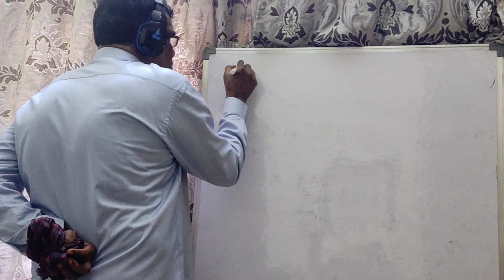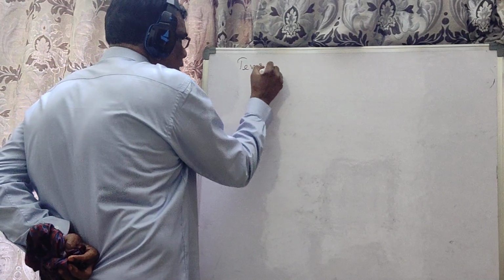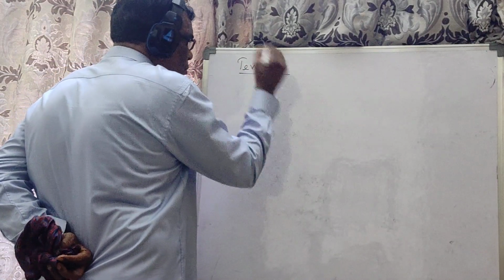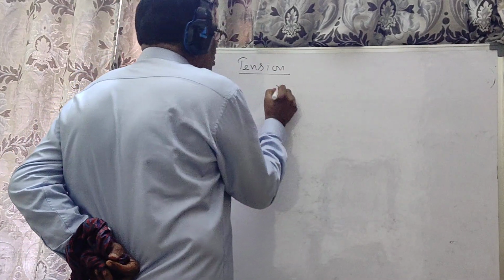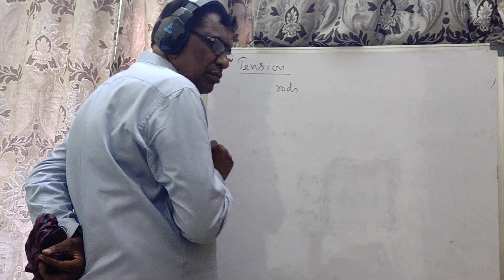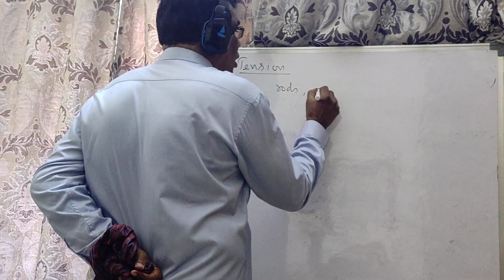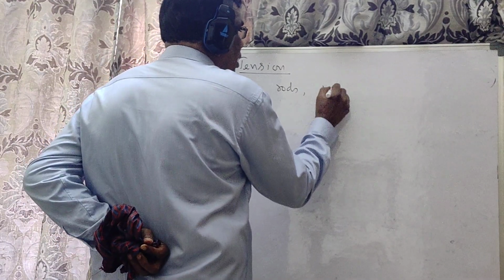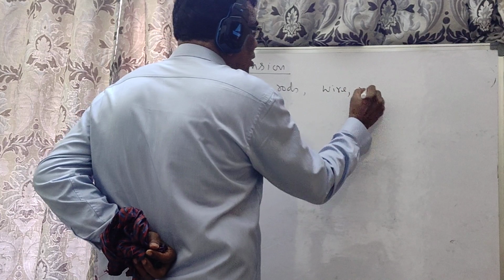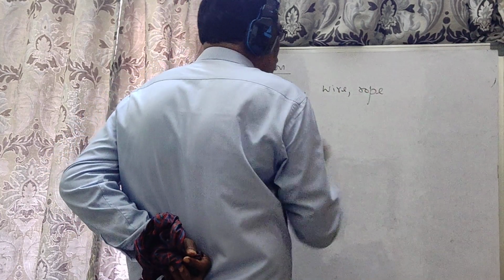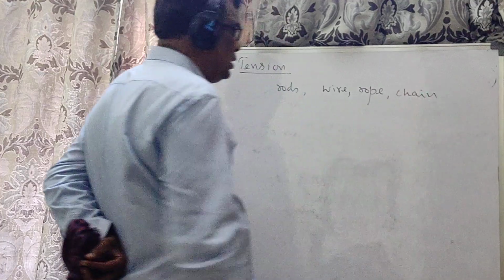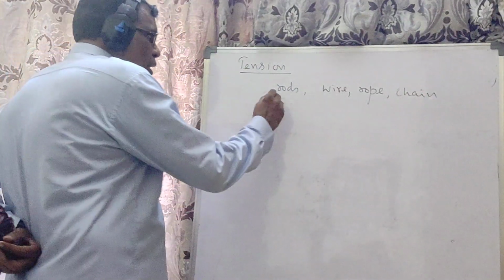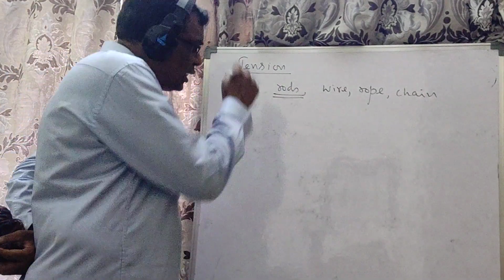Number one, first, we look at the tension. See, you take a tension, it generally comes across in rods, wire, rope, chains, etc. Rods, what is the difference? What is actually tension?